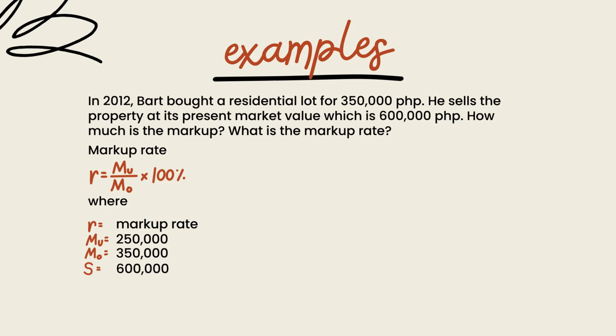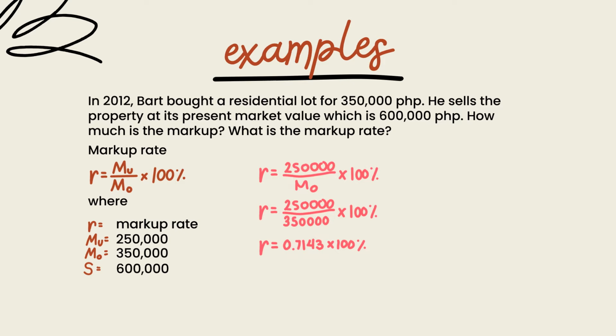So you have your formula, R is equal to M sub U over M sub O times 100%. So you have R is equal to 250,000 over M sub O times 100%. Kasi M sub U yung nasa taas. And then your M sub O is 350,000. So simplify, you would get 0.7143.